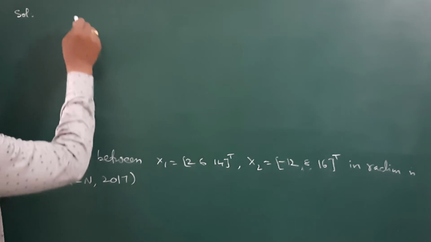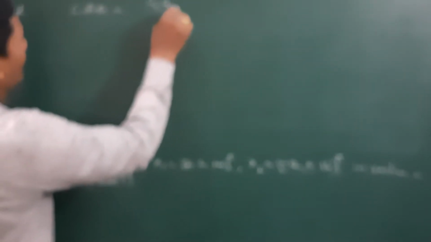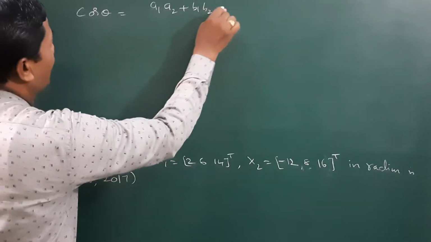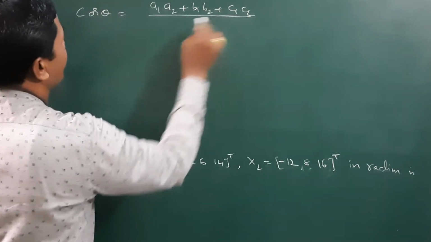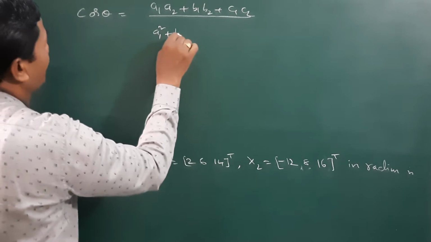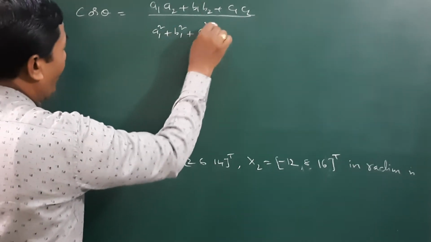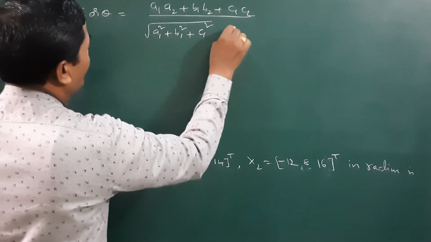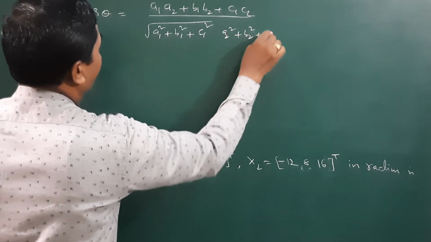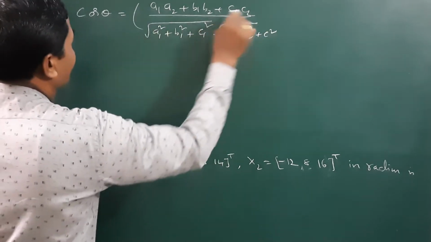The angle between two vectors means cos theta is equal to, what is the formula? A1 A2 plus B1 B2 plus C1 C2 divided by the square root of A1 square plus B1 square plus C1 square, times the square root of A2 square plus B2 square plus C2 square. So this is the angle.